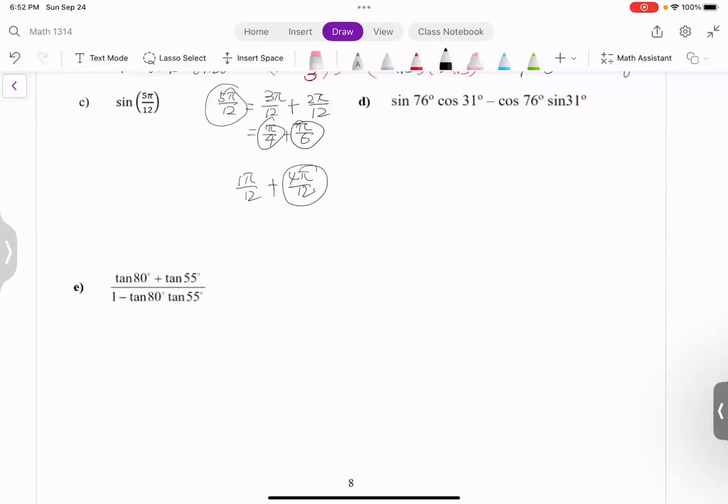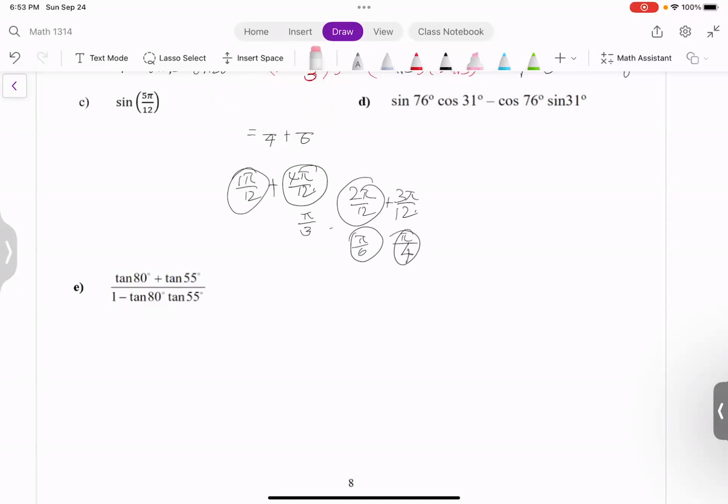This is a special angle, pi over 3, but this is not. So I keep trying. I can try 2 pi over 12 plus 3 pi over 12. Yes, this couple works because this is pi over 6 and this is pi over 4. So these two are special angles. All right, let's go back to the question.